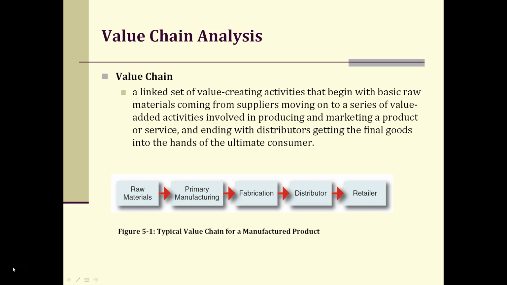So in this figure 5.1, for example, is an example of a typical value chain for a manufactured product: raw materials, priming, manufacturing, fabrication, distributor, retailer.